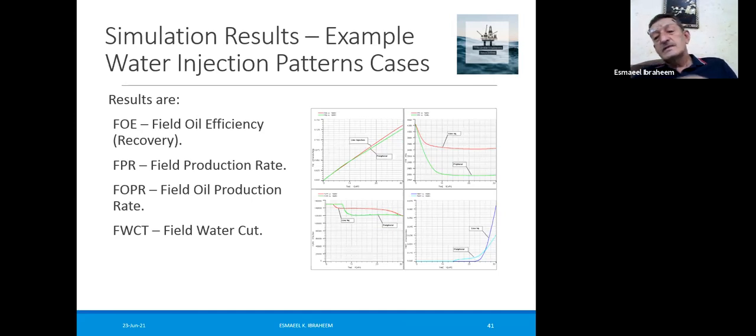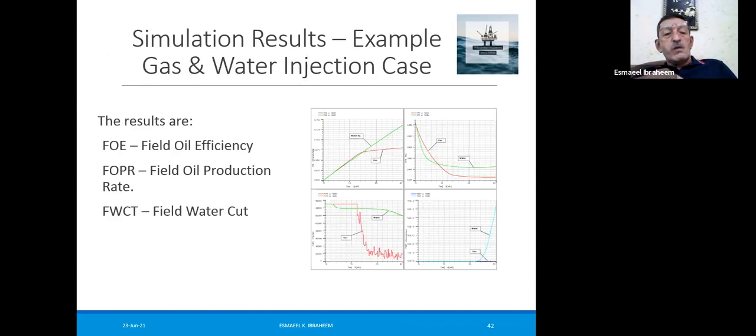Here we used the 5-spot and the 7-spot in order to see which is the best one that gives us the best results. And these are the results of gas injection and water injection in each case.